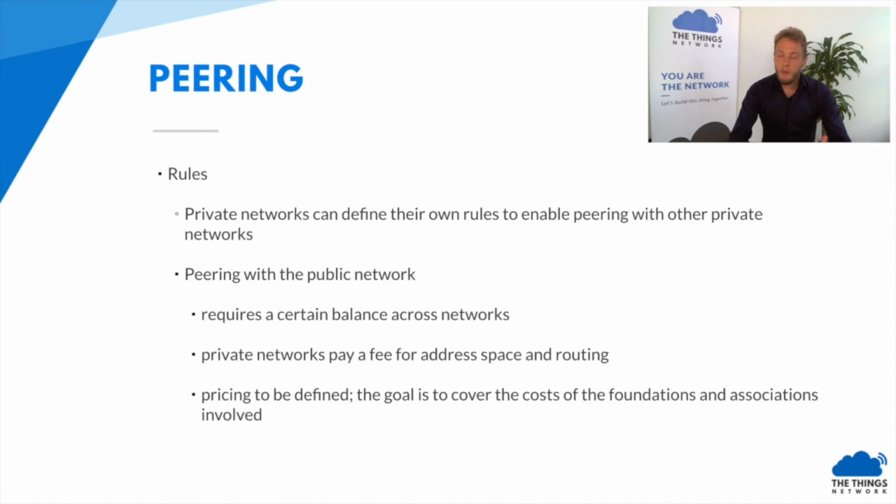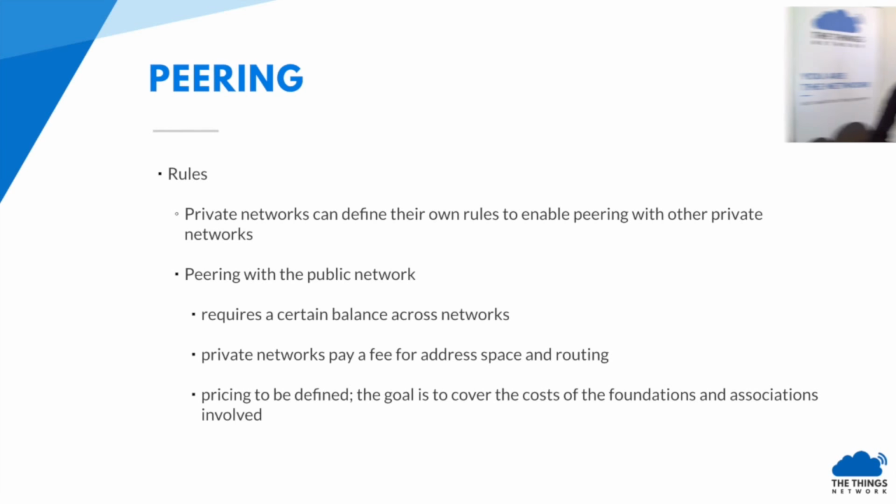So they can choose to keep a balance, but they can also choose to pay each other for their coverage. Peering with the public community network is also possible, but this requires that the private network also contributes back to the public community network. Also, private networks will pay a fee for address space and routing. The pricing is still to be defined, but the goal is to cover the costs of the foundations and the associations that are involved in the Things Network.